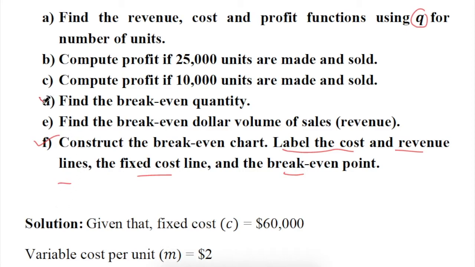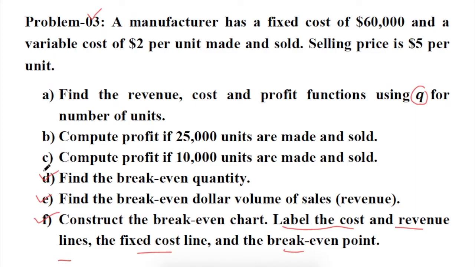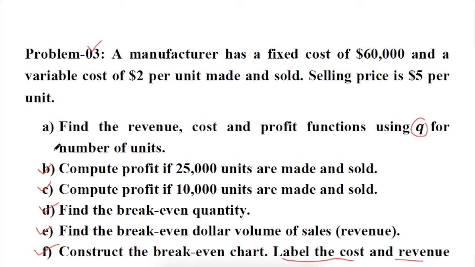From here you will get the break-even quantity, and from this one you will get revenue at break-even quantity, and you need the profit function for B and C. So let us think about the revenue function.